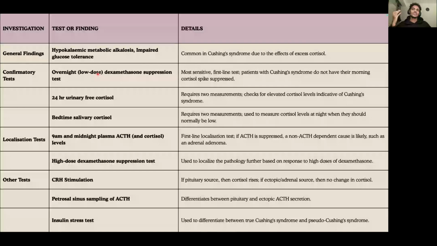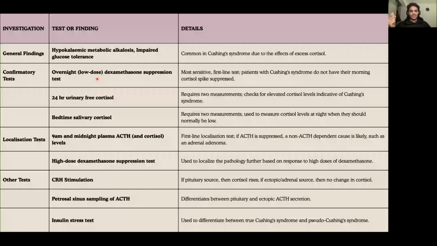And in other syndromes, for example, Addison's, that we'll talk about soon, where you expect less cortisol, you do a stimulation test. Because cortisol is high, you test whether you can suppress it or not, which is why you do the dexamethasone suppression test. Talking about the dexamethasone suppression test, it's the first line test.